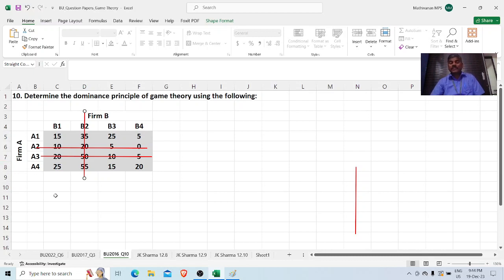So clearly, when firm A uses the first and fourth strategy, B4 is resulting in less loss compared to B1. B1, 15 loss, B4 loss of 5 points.